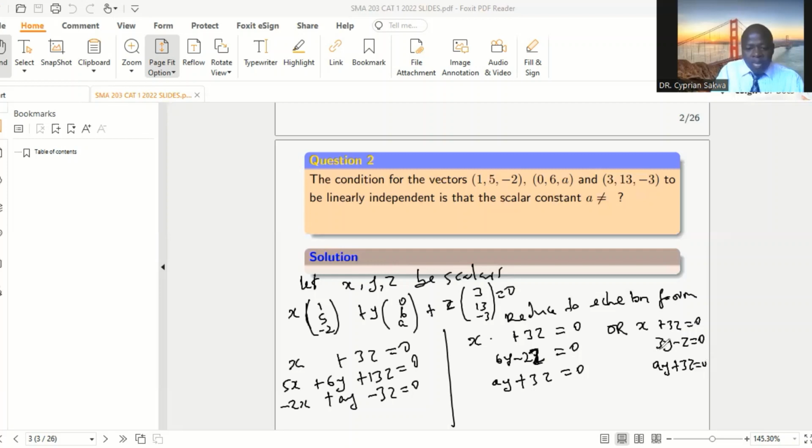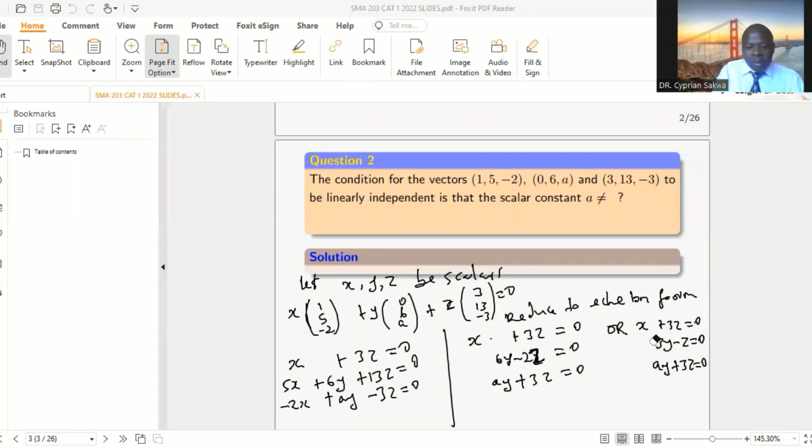Now, what follows is to use this second equation, equate as 0 here. I should even have divided this equation by 3. That would have even made our work easier.